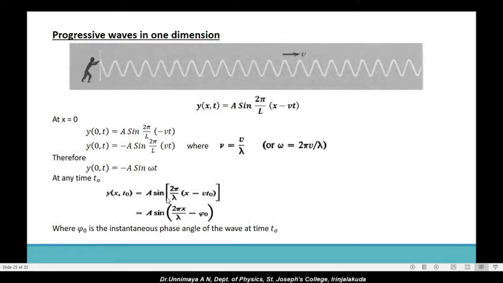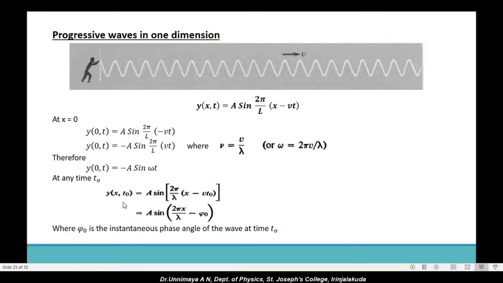So what we have done here is we introduced this 2 pi by lambda into the bracket. The first term becomes 2 pi x by lambda. The second term becomes 2 pi v by lambda into t0. 2 pi v by lambda is omega, so this term becomes omega into t0. Omega into t0 is replaced with phi 0.